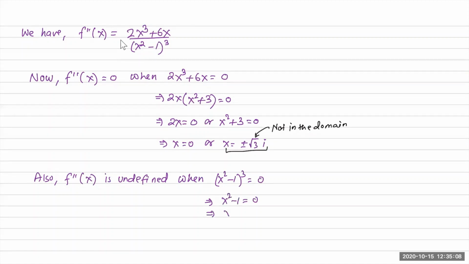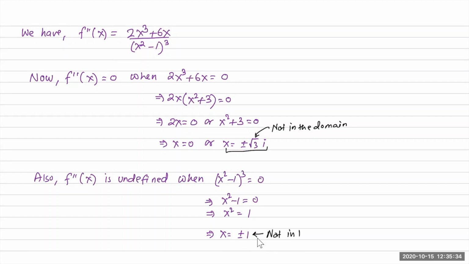Add 1 on both sides, x squared equal to 1. Then taking the square root on both sides, you get x equal to plus or minus 1. But the domain of the function is from negative infinity to infinity except plus or minus 1. So these values are not in the domain again.